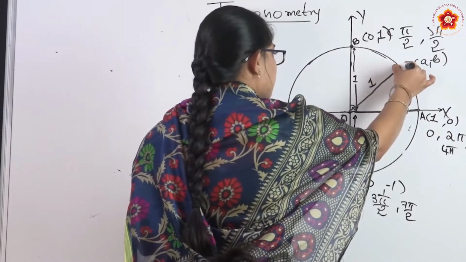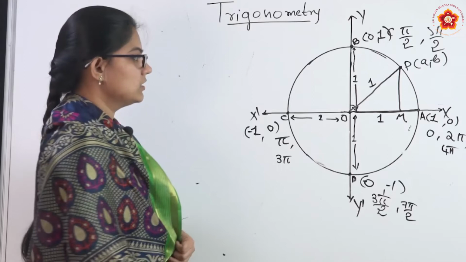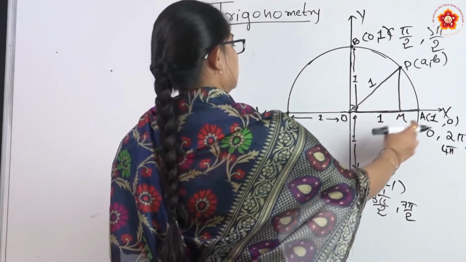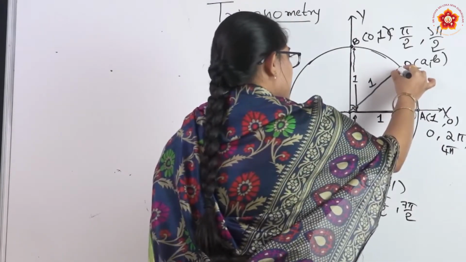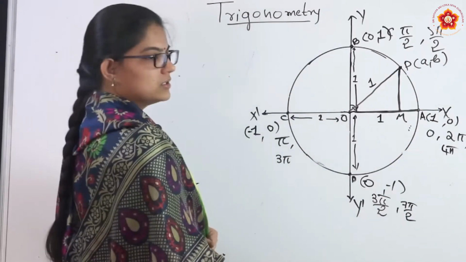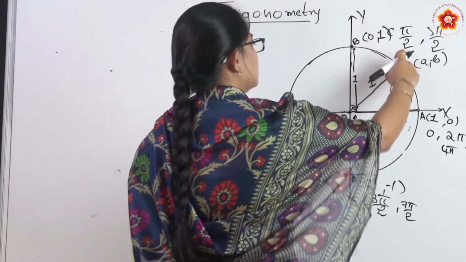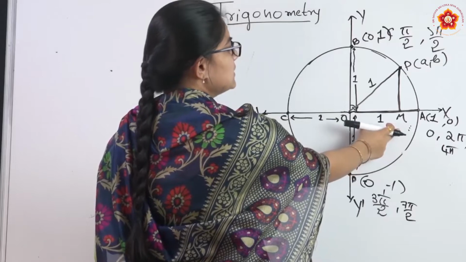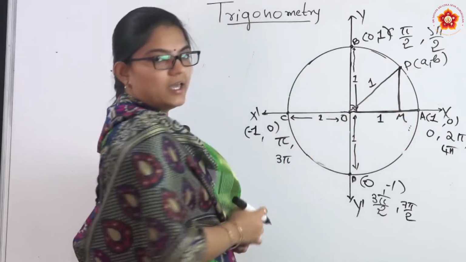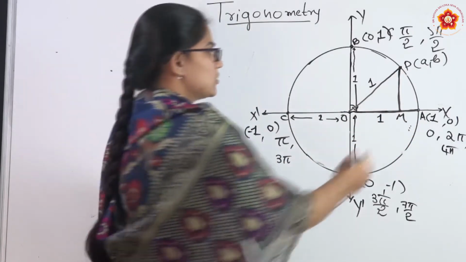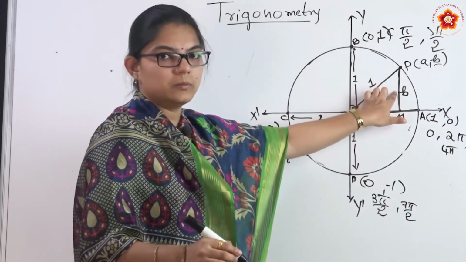Now draw the perpendicular PM to the x axis, okay? Now what is the distance of OM and PM? What is PM here? It is nothing but the distance of a point from the x axis, that is the y coordinate of the point, correct? So here the y coordinate is b, so you can say the distance PM will be b.